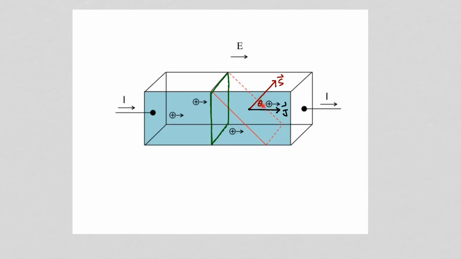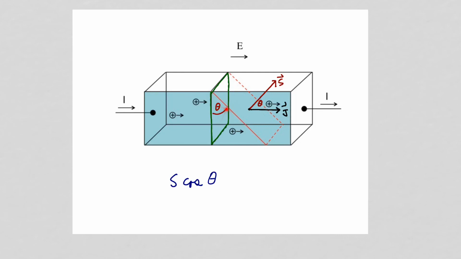If this angle between the outward normal of this surface and the current density is theta, then this angle in here is also theta. So you can think of this as a right triangle where the hypotenuse is area S, and this side is the area you want to find, so it's the hypotenuse S times the cosine of theta.